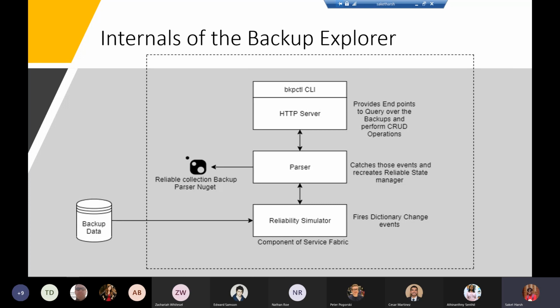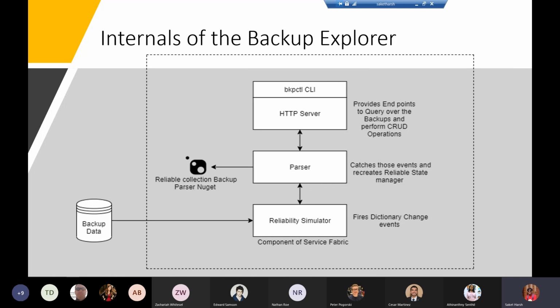This parser is also available as a NuGet package, so we can write our own applications using Service Fabric Backup Explorer. More technical customers who want to play around with it can consume this parser as a NuGet and write their own applications, which take in the backup and do a lot more operations on it.